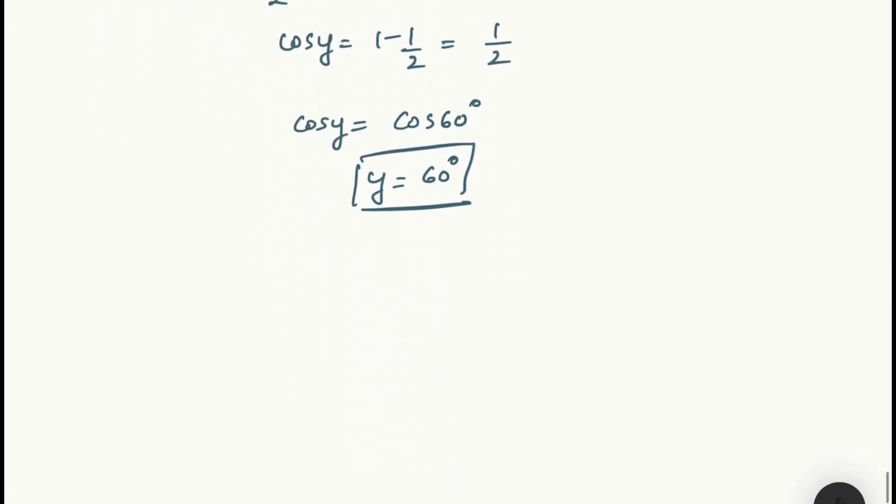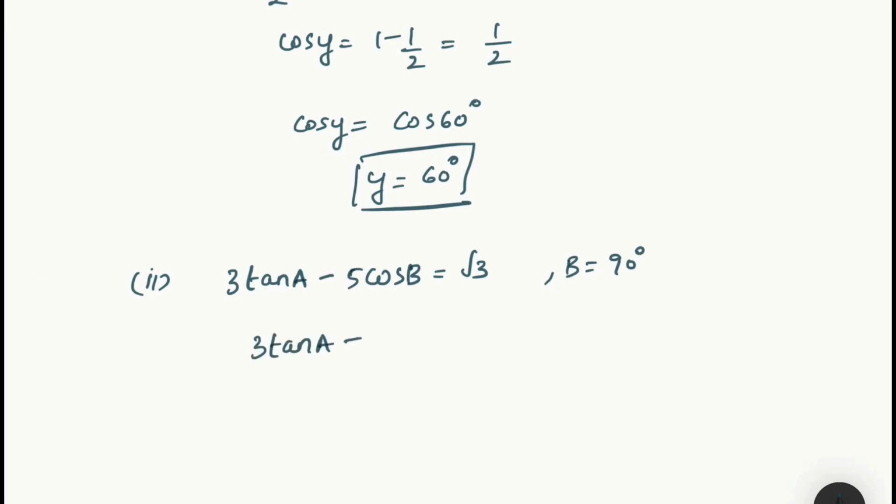Coming to the second sub question. If 3 times tan A minus 5 times cos B equals to root 3 and B is equal to 90 degree, find the value of A. 3 times tan A minus 5 times cos B, that is cos 90, equals to root 3. What is cos 90? Cos 90 is 0. So 5 into 0.